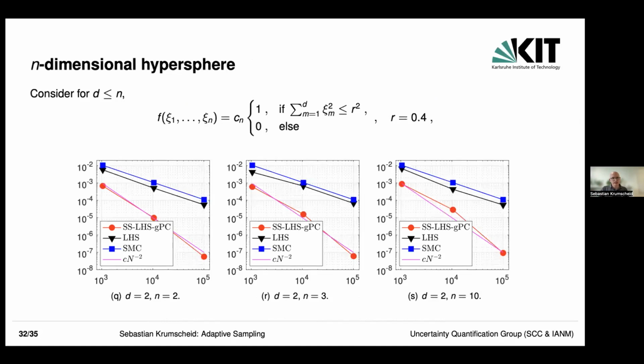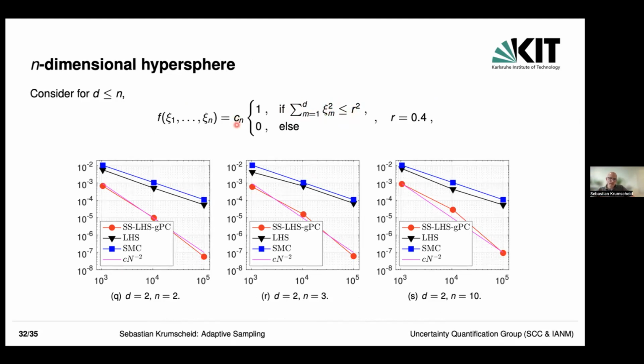Okay, then we're going back to our simple problem that we also looked into in the first part. So computing again the probability that some norm of our random variable squared, that our random variable xi, is in some ball of a certain radius.